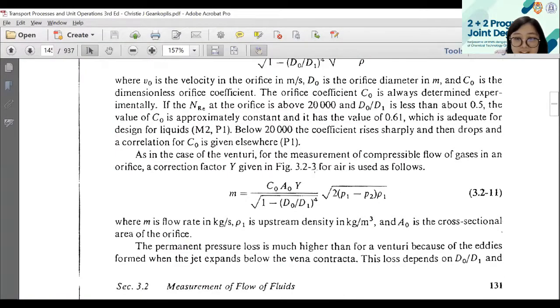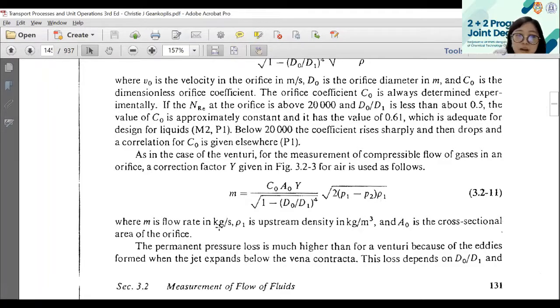For compressible fluid, there will be a significant change in the pressure. For incompressible, there is no change in the pressure, or we can say there is a change but not much. But in the compressible, the velocity will significantly change by the change of the pressure.